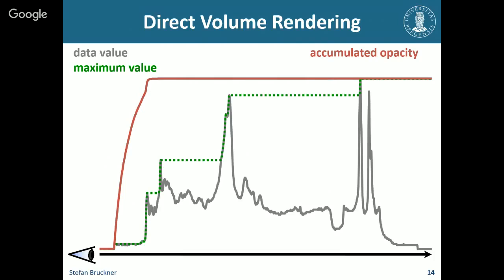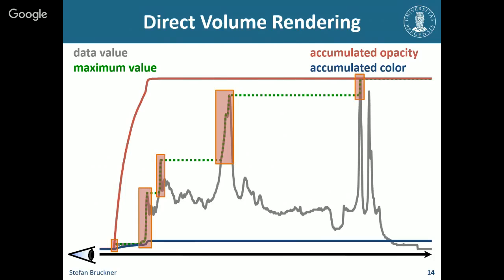So we cannot see through a completely opaque material. The accumulated color for a simple transfer function setting may behave in gray value like this. What we see here is that these interesting events along the viewing ray, where the maximum changes, will typically not be captured unless we spend a lot of time tuning our transfer function.